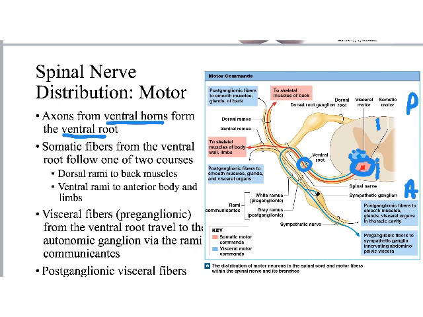So the ventral root and the dorsal root are going to come together to form the spinal nerve. So we're just breaking down the spinal nerve into its components. So ventral is going to be the motor component. Somatic fibers that come from the ventral root are going to eventually come to the spinal nerve, and then they're going to split into 2 areas.